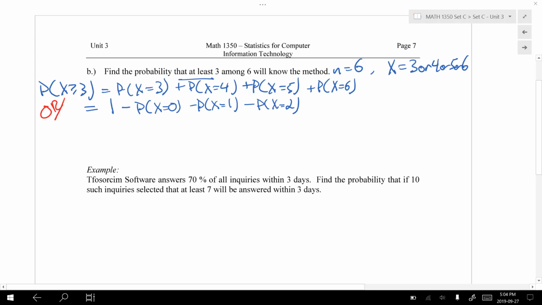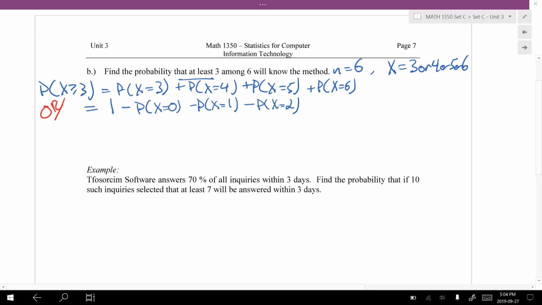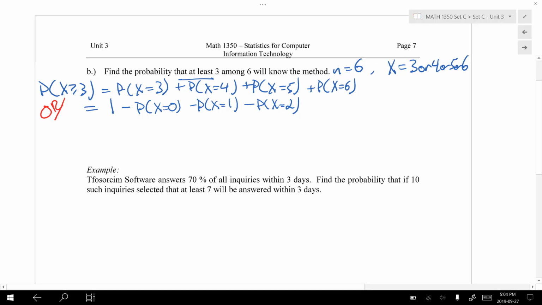So here's 1 minus the probability of 0 minus the probability of 1 minus the probability of 2. And in fact, in part A, we already computed the probability of 2. So we actually just have 2 things left to compute, just 0 and 1. So I prefer this one here. It's slightly less work. So we can be happy about that.